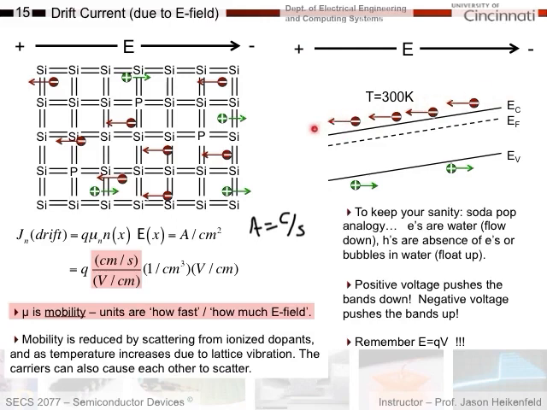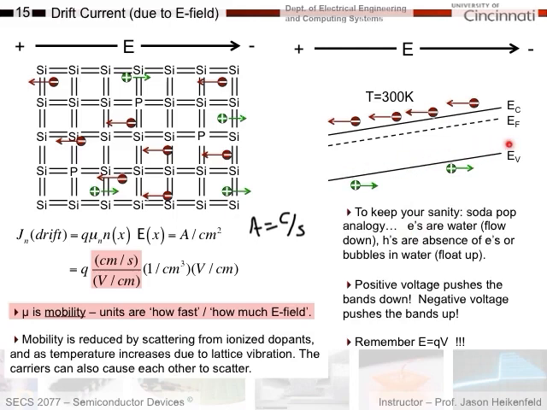The beauty of the soda pop analogy is that a hole is the absence of an electron. Well, what would be the absence of water? In soda pop, it would be a bubble in the water, right? If bubbles are the absence of water and holes are the absence of electrons, in water, bubbles float up. So look at the band diagram.